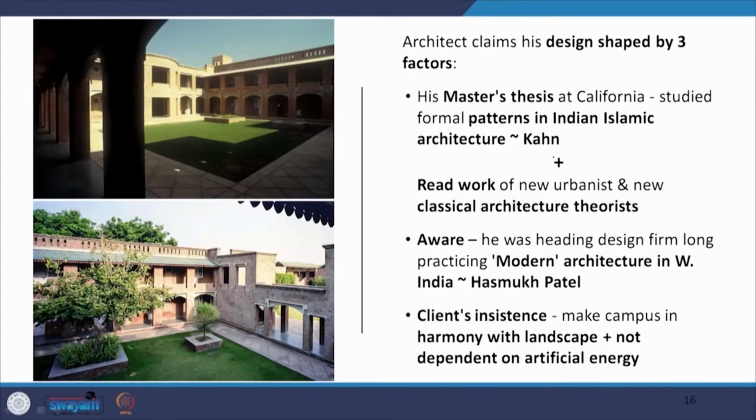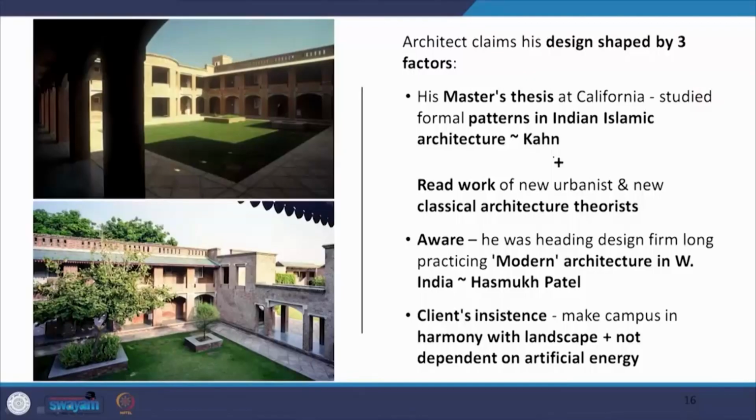The architect claims that his design was shaped by three factors. Number one, his master's thesis when he was studying in California, he studied the formal patterns in Indian Islamic architecture. Something that I pointed out earlier with regard to Louis Kahn, that he was impressed by Islamic patterns, and we find geometric shapes which are connected to those Islamic patterns.